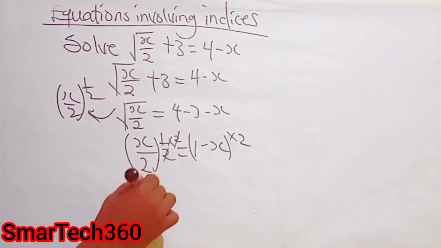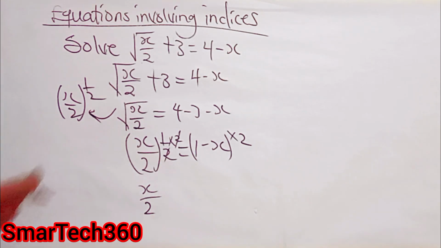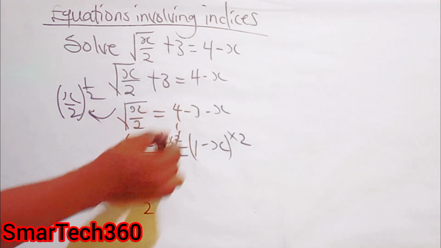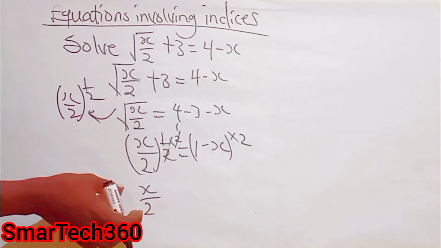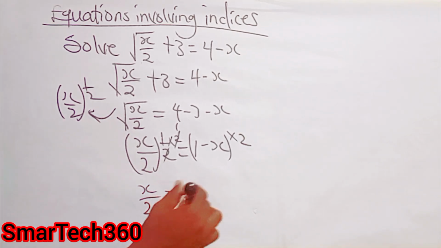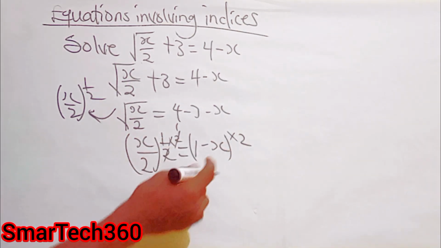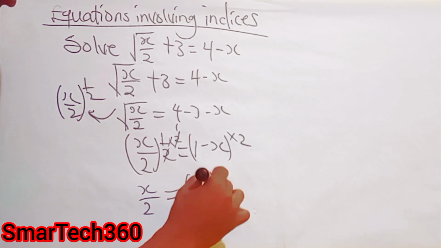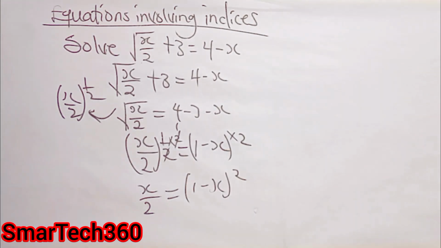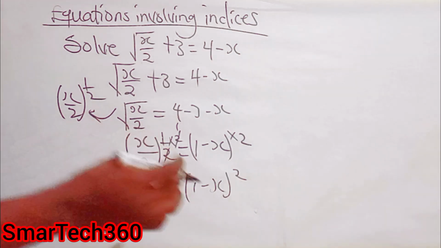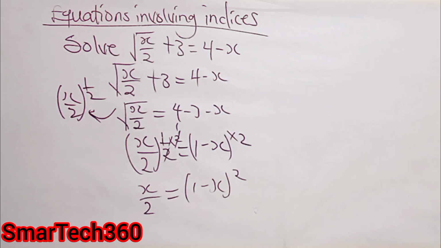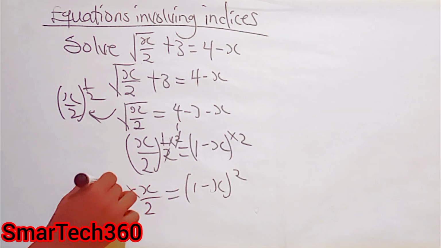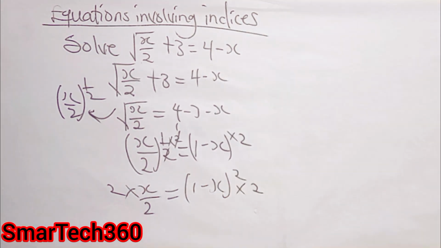So we have x on 2, then 2 divided by 2 gives us 1, 1 times 1 gives us 1, so we will indicate that here. And that will be equal to this squared, that is 1 minus x squared. Then we multiply each side of the equation by 2. So multiply here by 2, multiply here by 2.